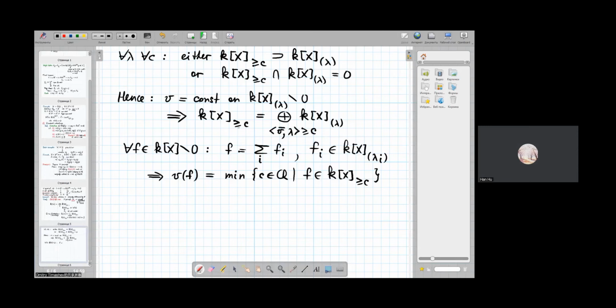And you take the minimum value, because this filtration is decreasing, such that f belongs to this filtration subspace.